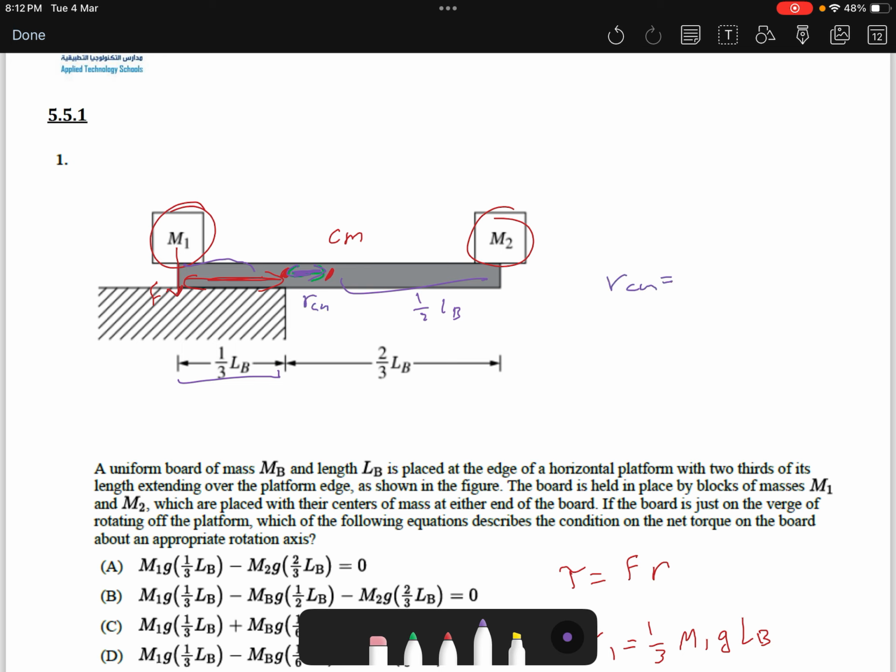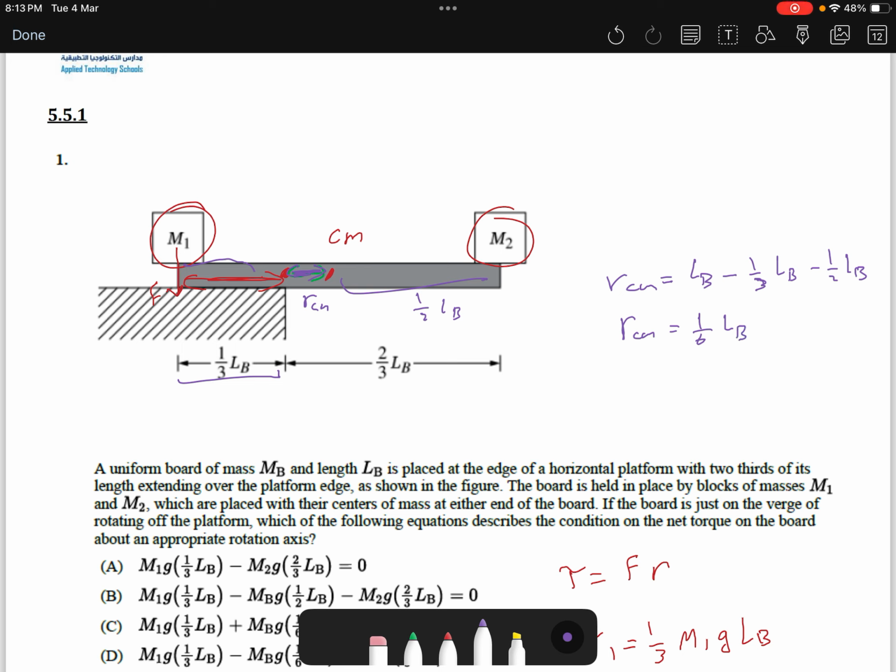RCM equals LB minus 1 over 3 LB minus 1 over 2 LB. RCM equals 1 over 6 LB.